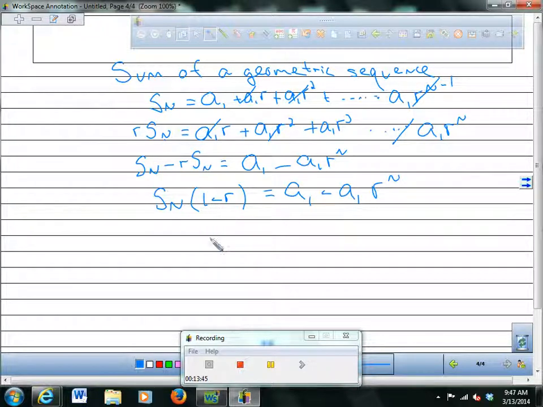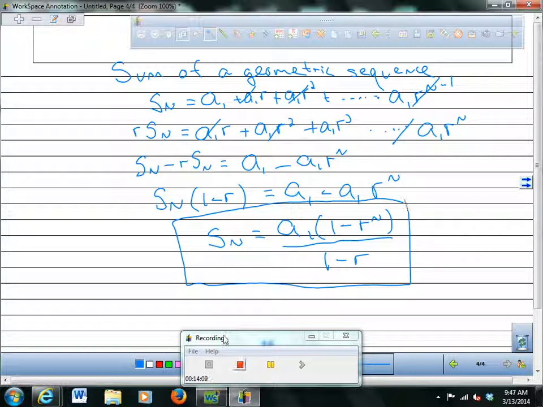And then they divide both sides by 1 minus r, and you end up with the sum equal to a sub 1, factoring out an a sub 1 from the top, times (1 minus r to the n) over (1 minus r). And this is the formula for the sum of a geometric sequence, which would be a geometric series.